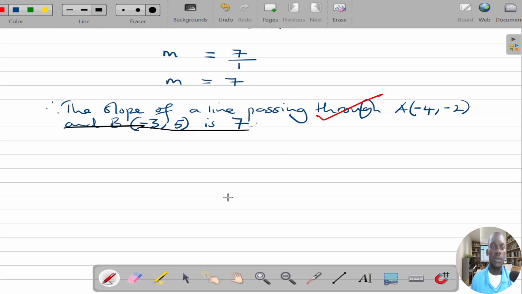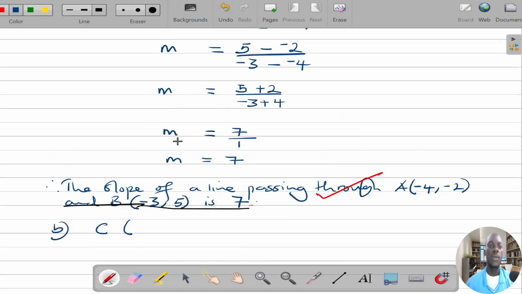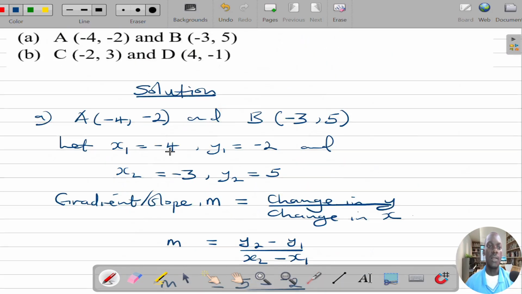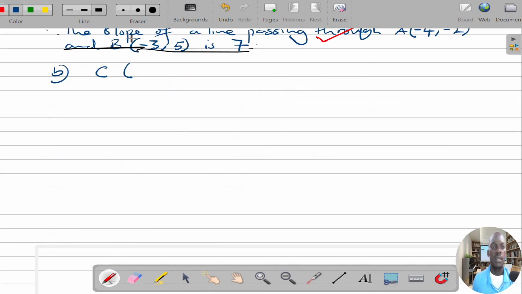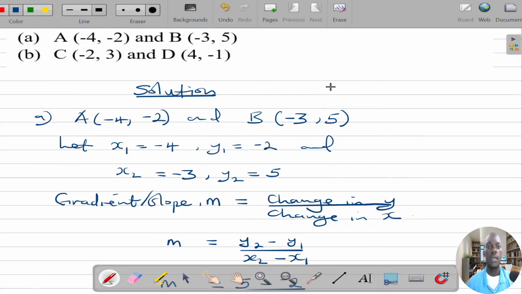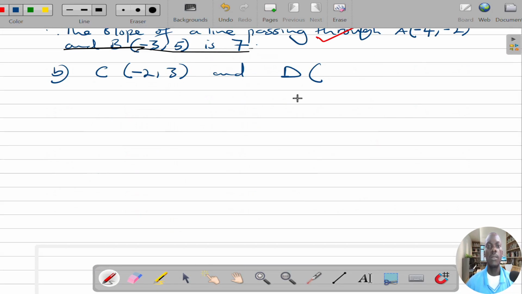Alright, let's go to part B of our question. We have been given point C, which is -2, 3, and D, which is 4, -1.